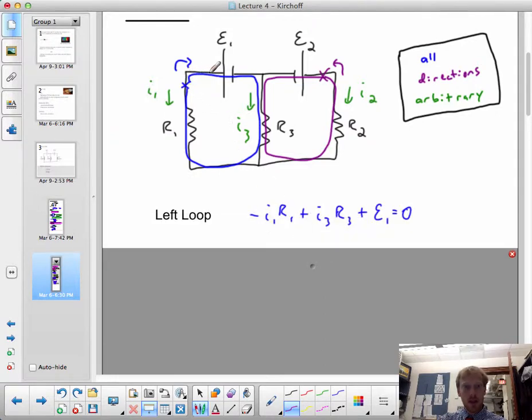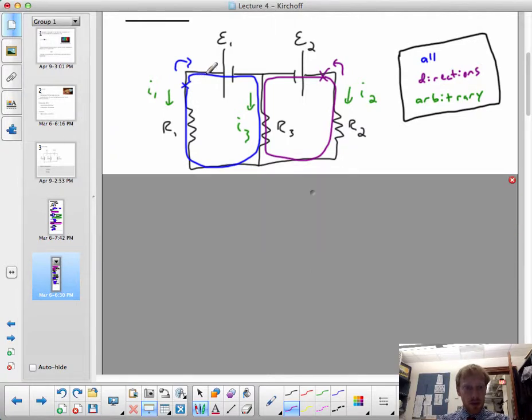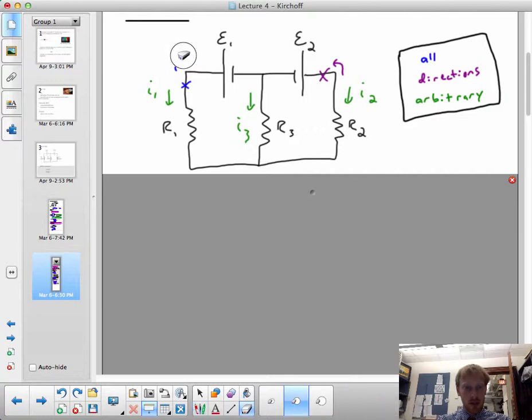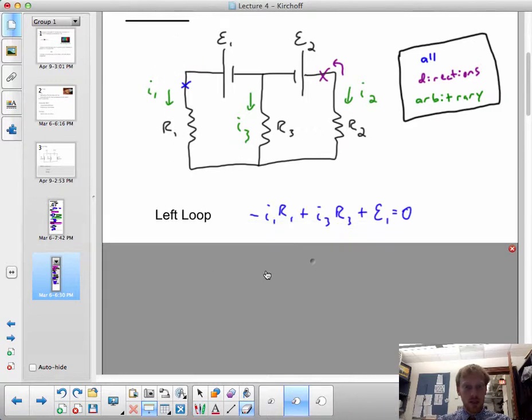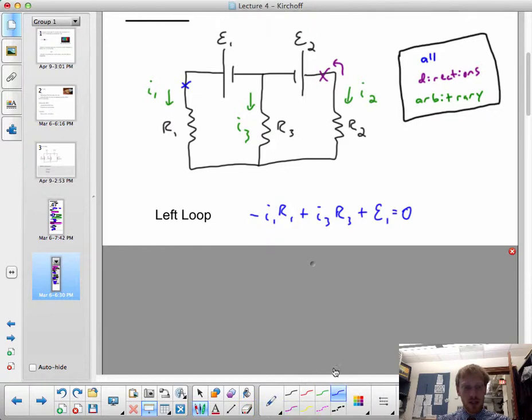When I walk this way, I'm walking across the wrong way of the battery. I lose... Oh, wait, I'm sorry. You know what? I'm sorry, I made an error. I am not choosing to walk through this left loop that way. This equation here indicates that I've chosen to start at this point and walk through the loop this way.